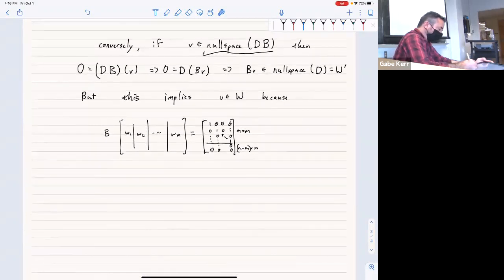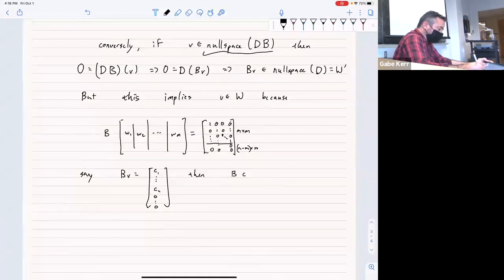Say PD equals C1 through Cn, then B times C1, and so on.